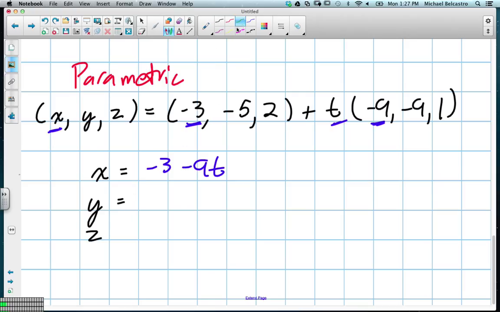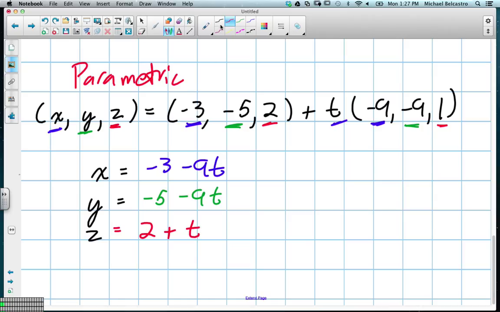For y, we do the same thing. We just set up all the y values with each other. Y is equal to -5 minus 9t. And for z, same thing again. Z is equal to 2 plus 1t, or t in this case. Okay? So there we're already in our parametric form.